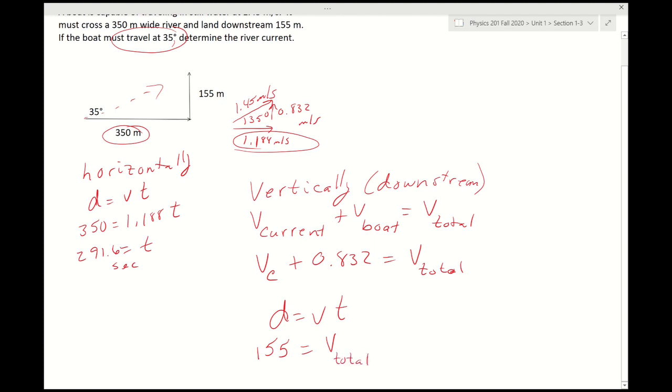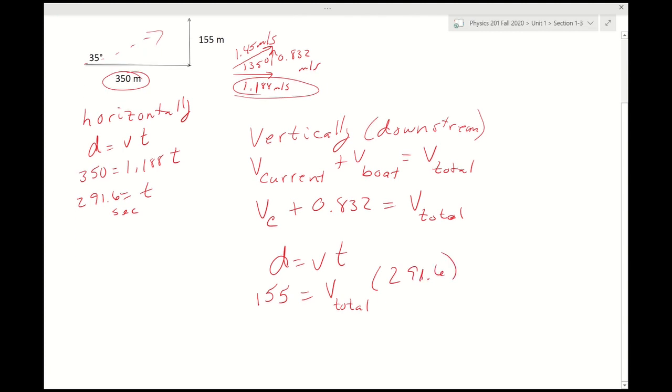So that means that our total speed is going to be about 0.532 meters per second. Since the current plus 0.832 is the total, we know that the current is equal to the total minus 0.832.